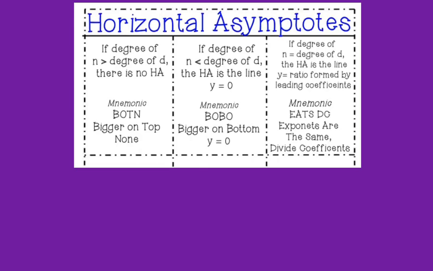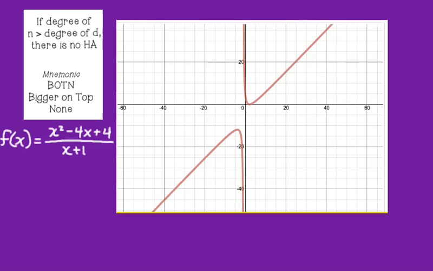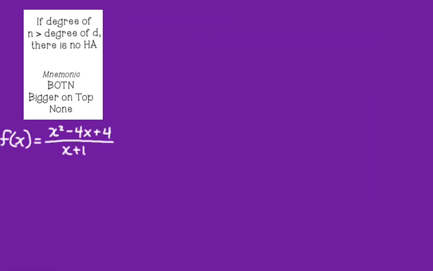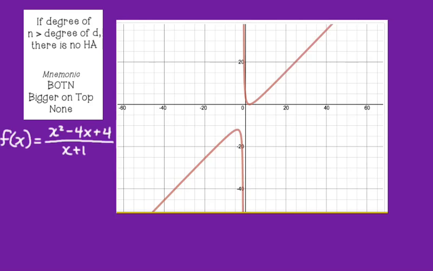So the first example is the degree of the numerator is bigger than the degree of the denominator. Well, then there is no horizontal asymptote. And here's the picture.